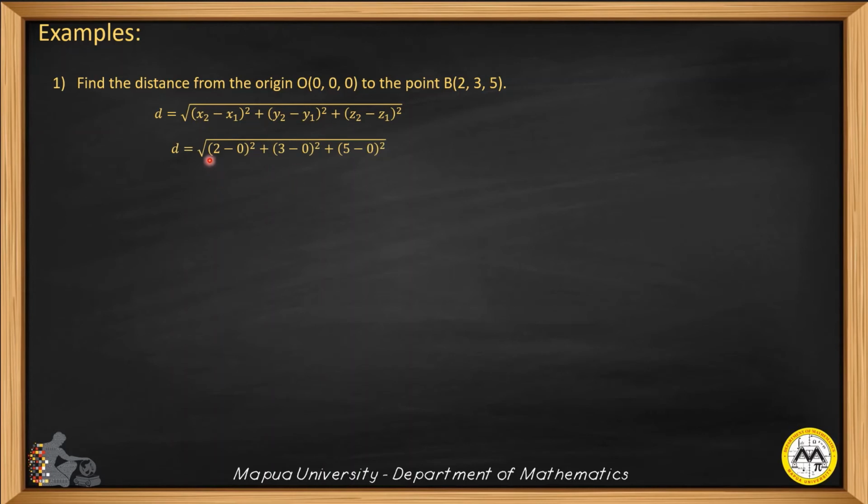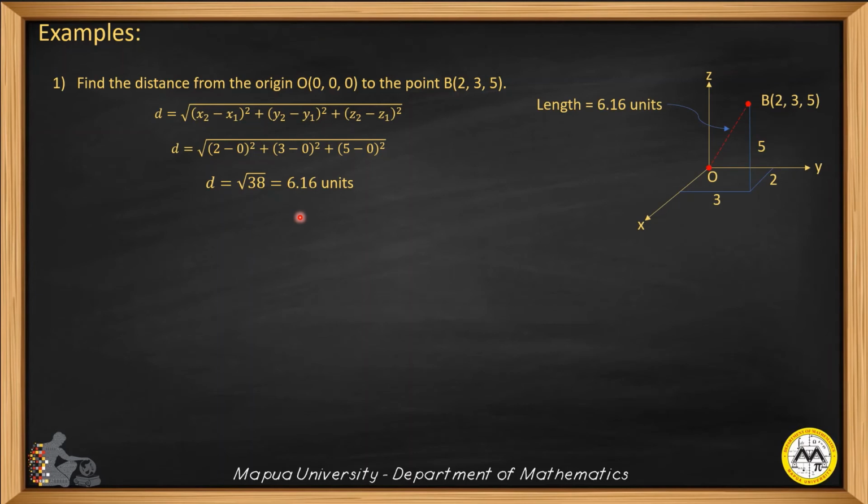So picking the point (2, 3, 5) as our P2 and the origin as P1, the distance between these 2 points will be as given here, and this will simplify to 6.16 units.